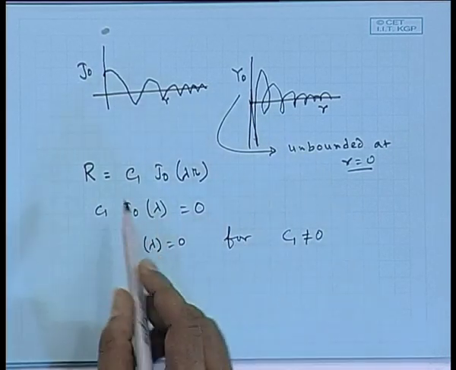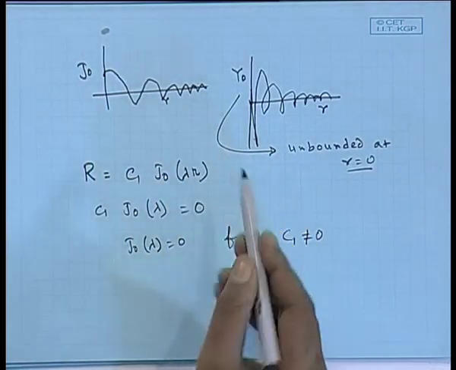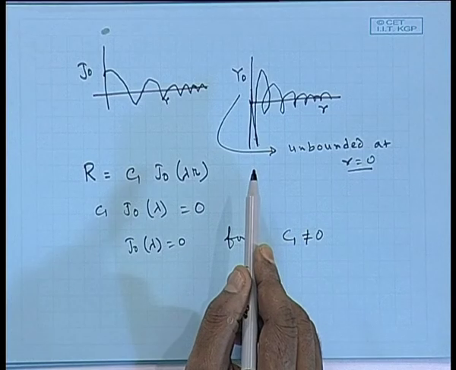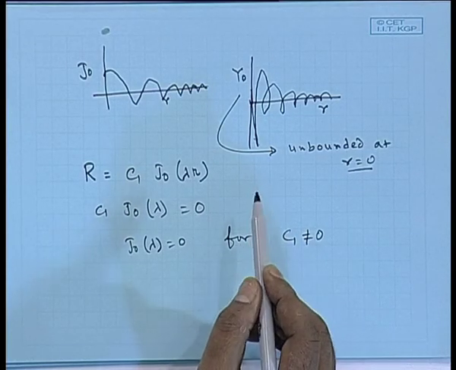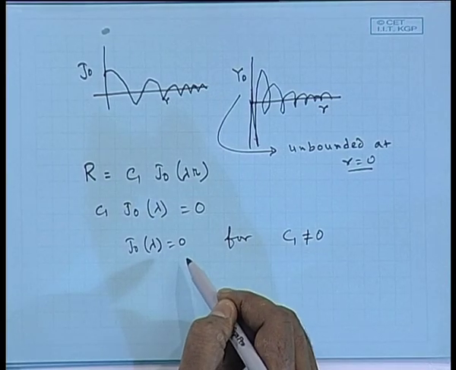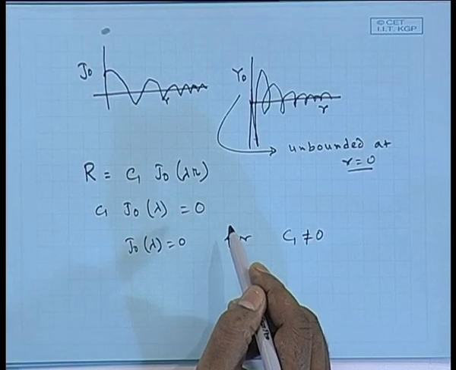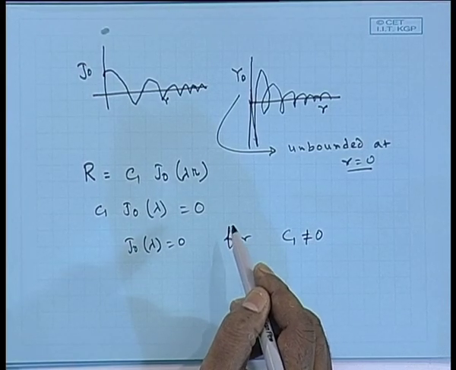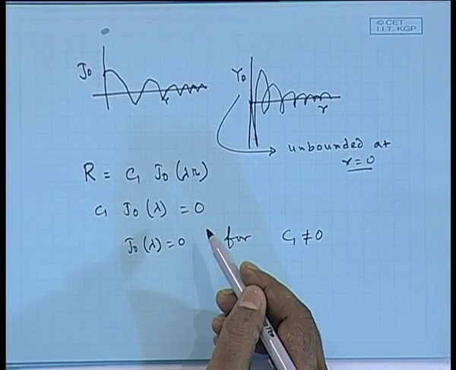And if you look into the variation of J0, if you plot J0 versus lambda, it will cut the lambda axis an infinite number of times. So you will again get an infinite number of roots for J0 lambda equal to 0. Now, there are typical subroutines available which will give all the roots of lambda numerically.